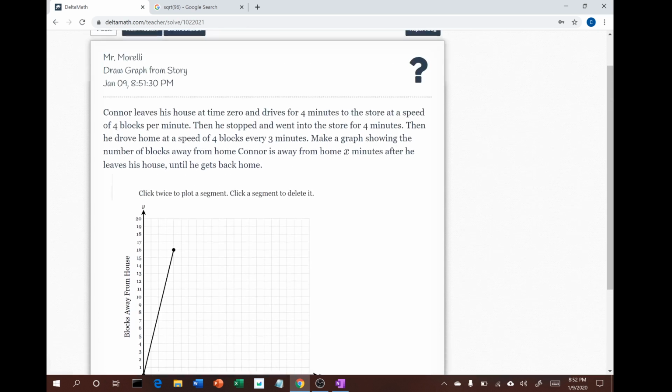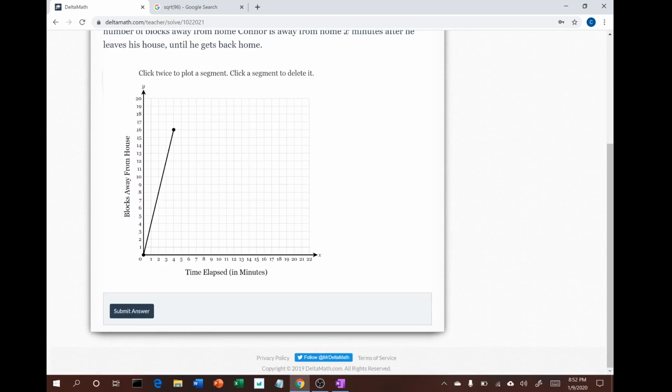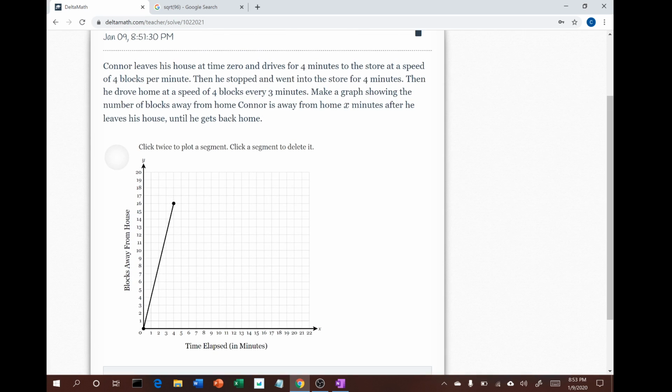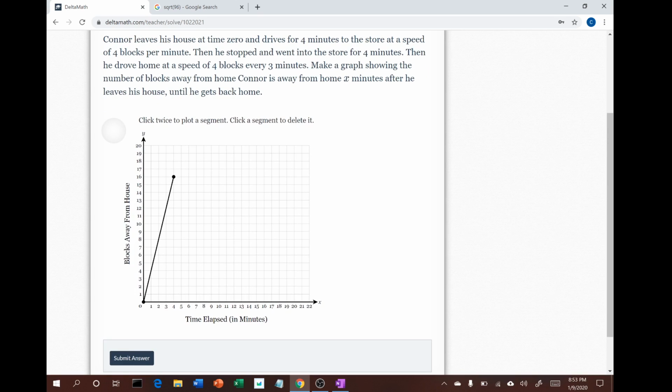Now what am I supposed to draw, a graph from a story? Connor is away from home X minutes after he leaves his house until he gets home. Okay, he drove home at a speed of 4 blocks every 3 minutes. So starting there, and then he goes down 4, right?